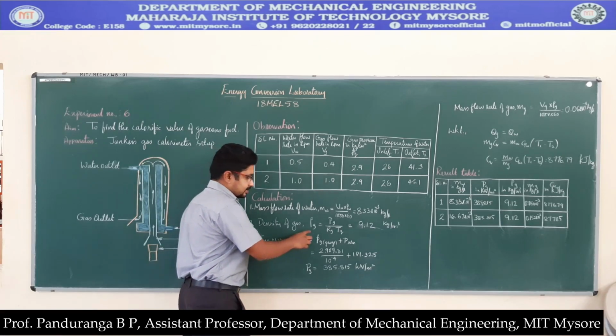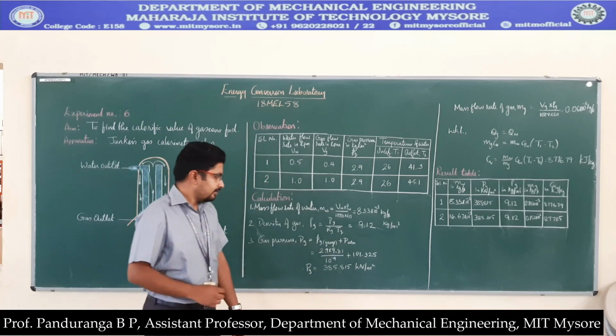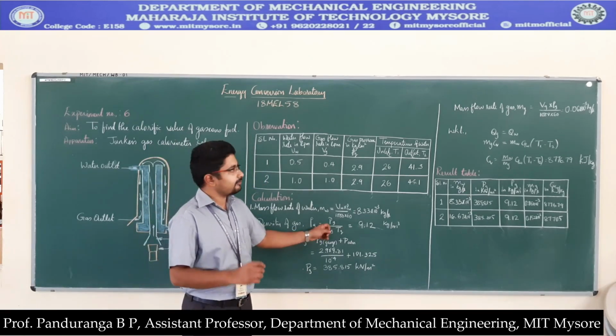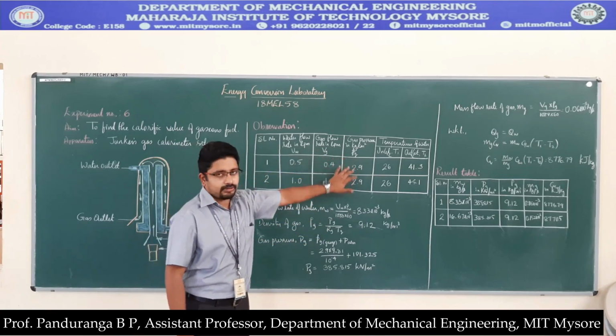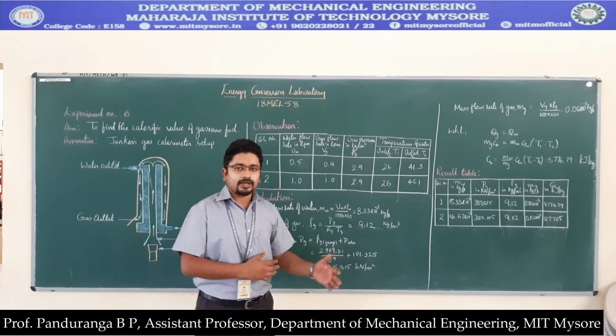So the density of gas rho g is given by Pg divided by Rg into Tg, where Pg is the absolute pressure. So whatever we are measuring with the help of the pressure gauge is with respect to atmosphere.